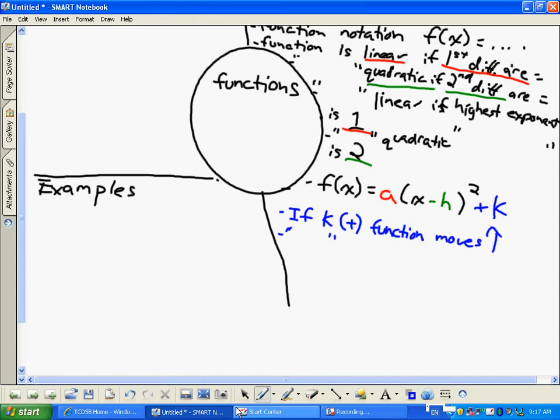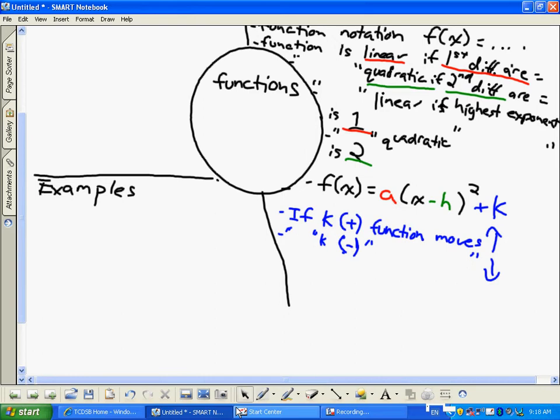And if k is negative, we'll write k in there so it's a better note that way. If k is negative, function moves down. That makes sense. k is positive, goes up. Negative, we transform the function downwards.